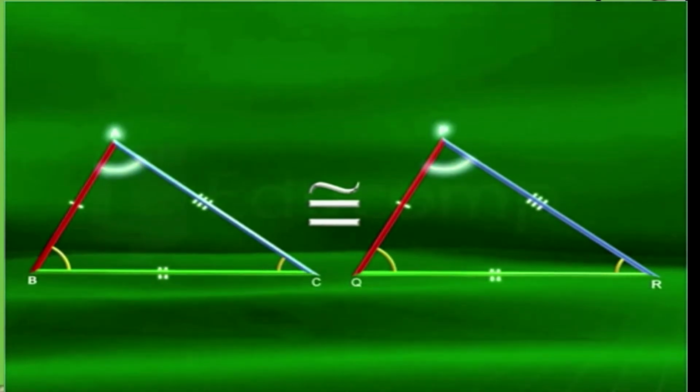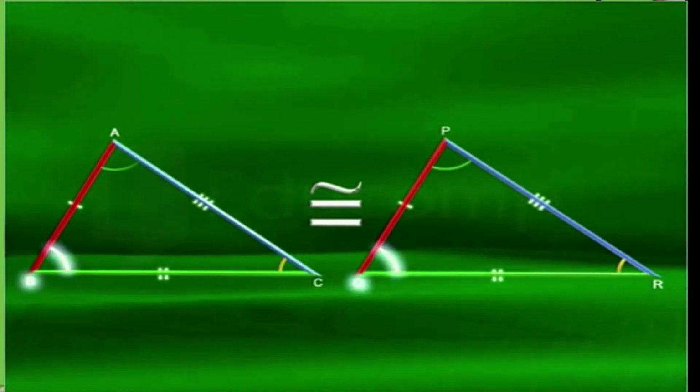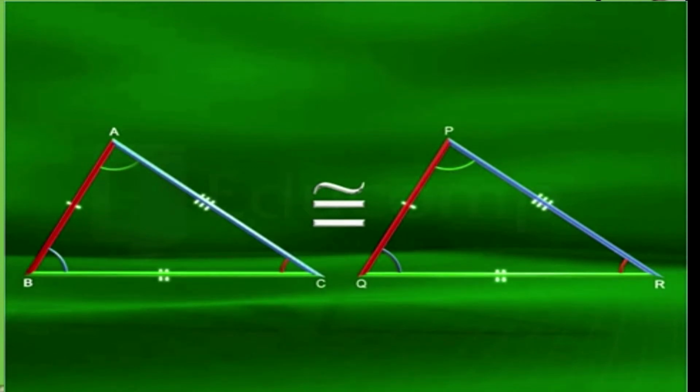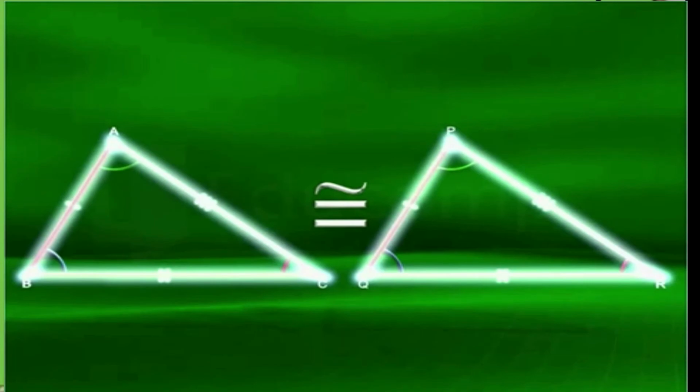And angle A corresponds to angle P. Angle B corresponds to angle Q. And angle C corresponds to angle R. In this figure, corresponding sides are equal and corresponding angles are equal.